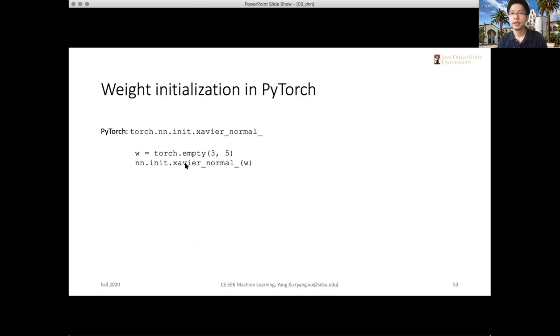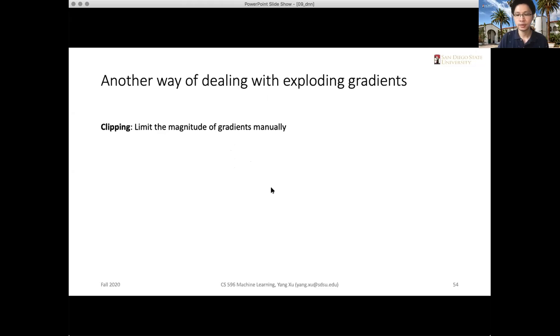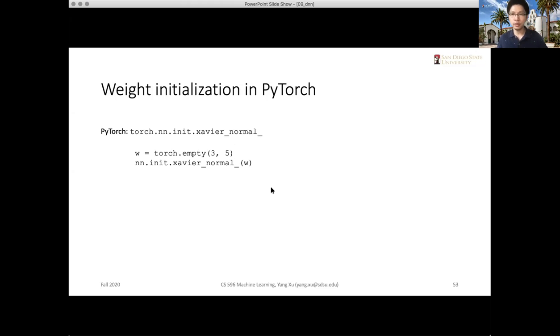For example, if we first initialize an empty tensor with dimensions 3 by 5, then we can call this auxiliary normal function, which means we draw the numbers from a normal distribution into that tensor, and it will give us the better initialized tensor.